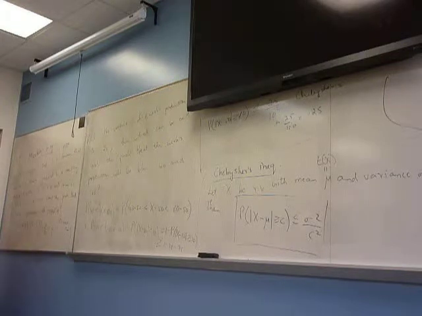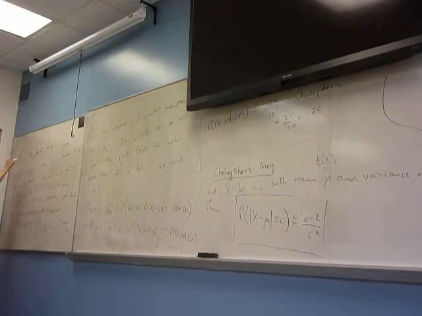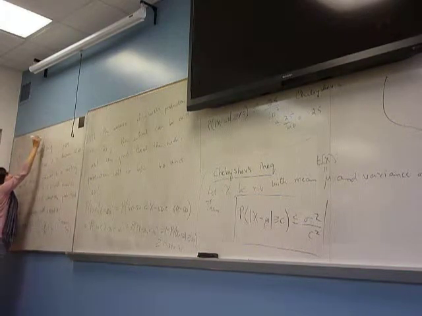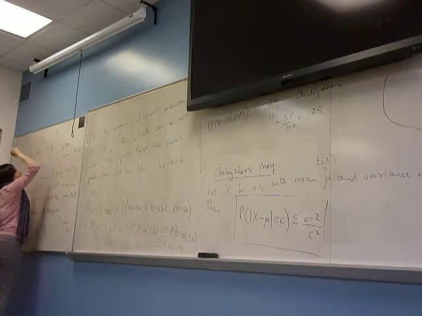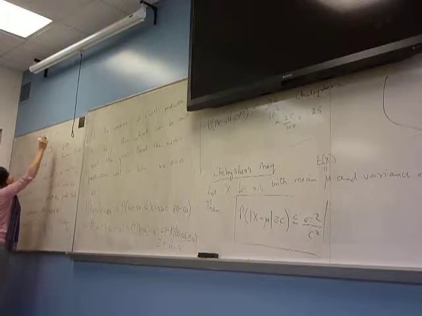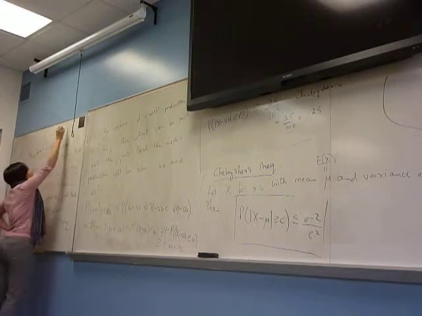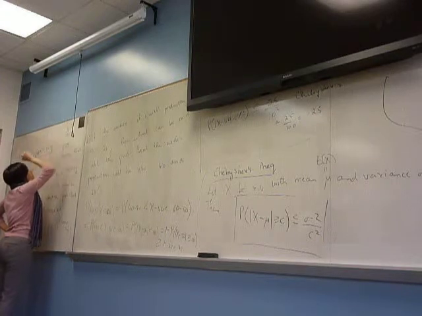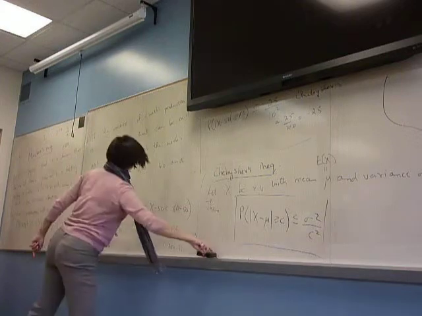When I defined this, did I define it as 1 if X is strictly greater than a, then X over a? Yeah, I don't distinguish between the two.